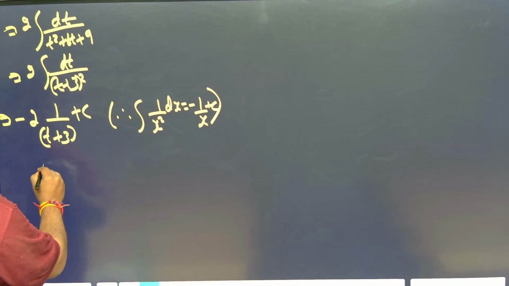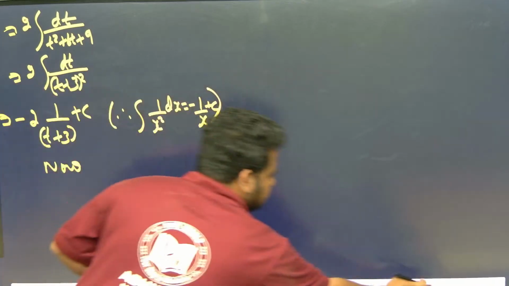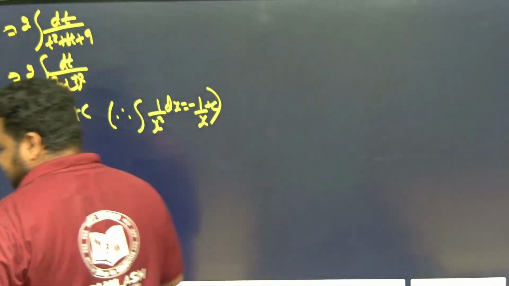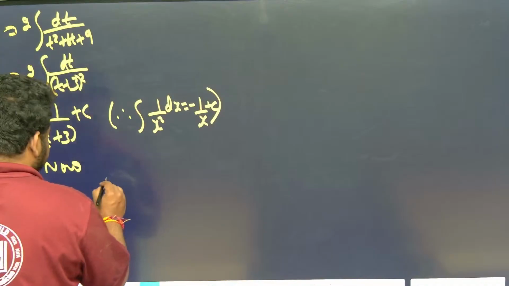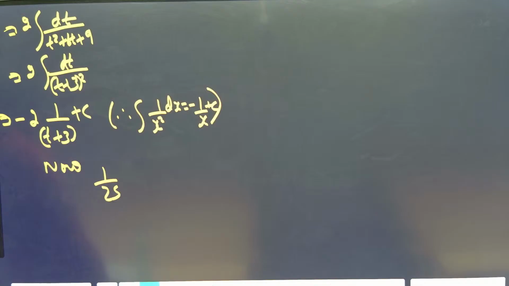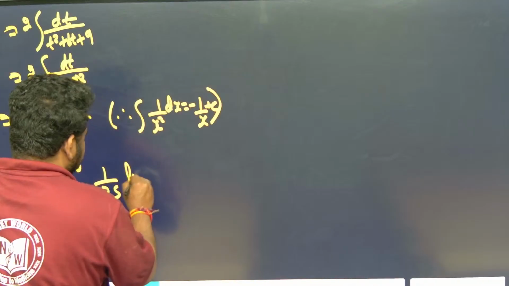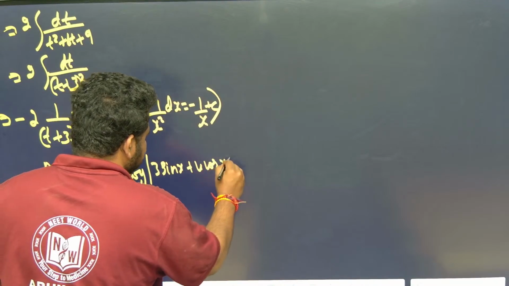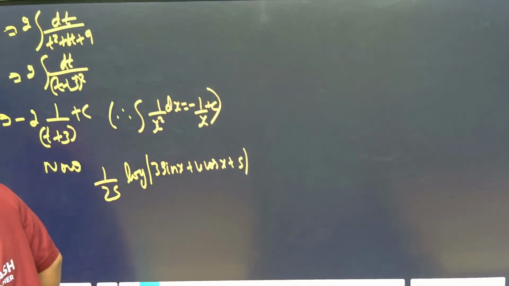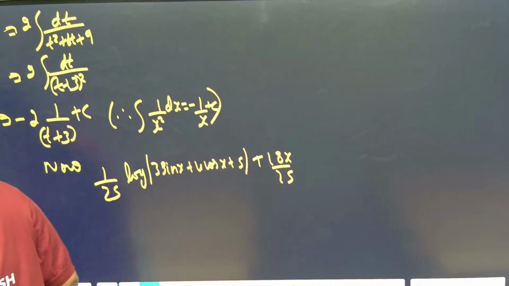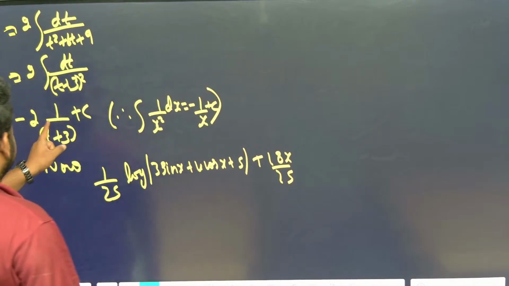Now see here, what will happen to equation 3? Equation 3 becomes, the final answer we have to write down, 1 by 25 log of 3 sin x plus 4 cos x plus 5, plus 18x by 25, plus minus 2 times 1 by (t plus 3) plus c.